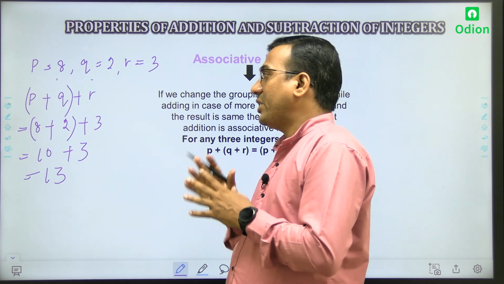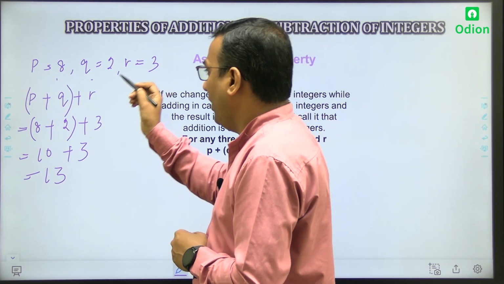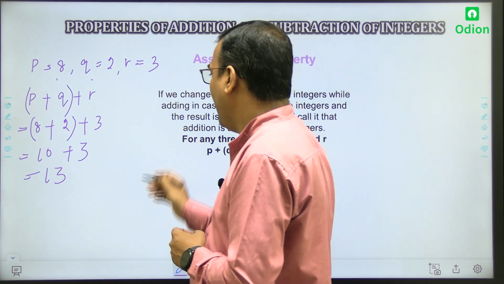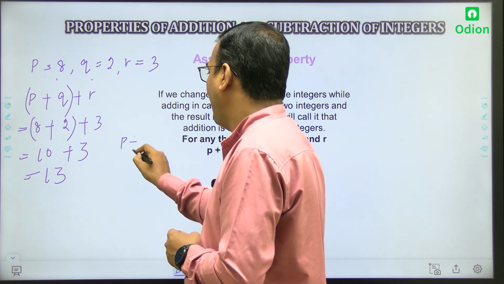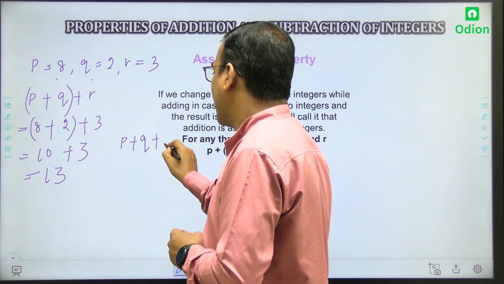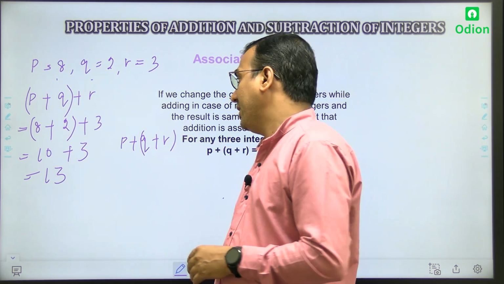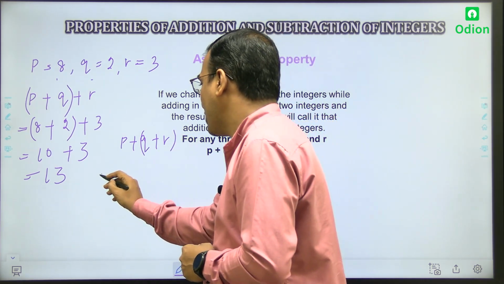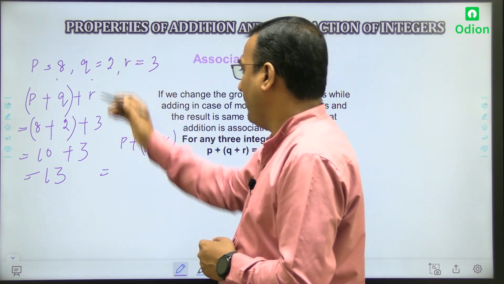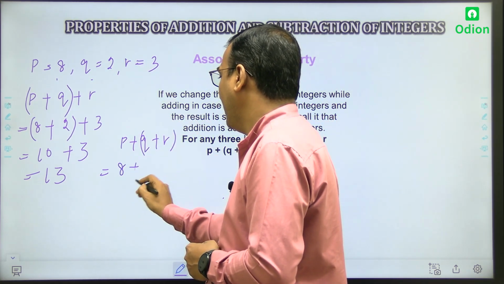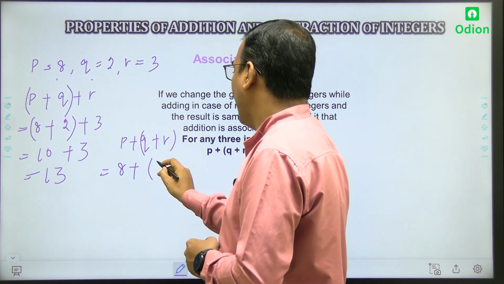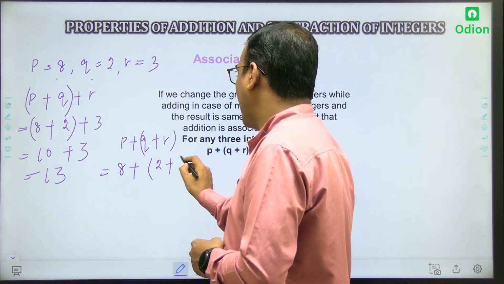If I change the group, it means P plus Q plus R, and I am taking the group Q and R. Then what will be the result? Let us check. The value of P is the same, I have taken 8, and the value of Q and R is 2 plus 3.